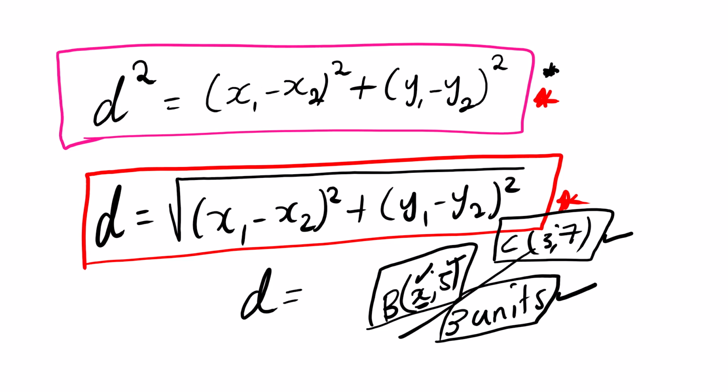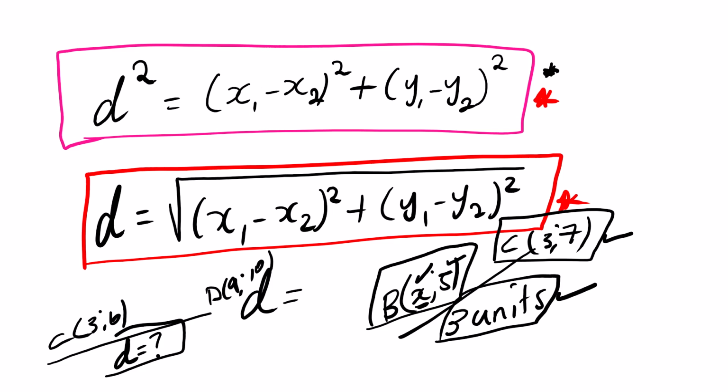And then suppose you have this point CD, you are not given the distance, you are given the coordinates, and then you want to calculate the distance. You simply use equation number 2.